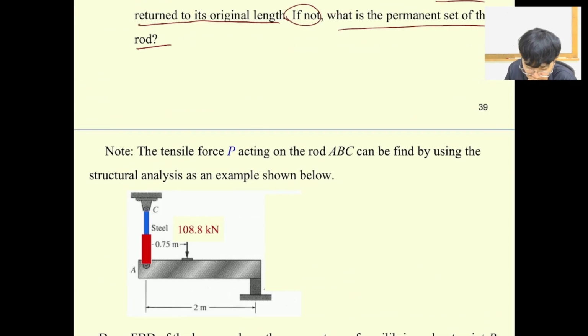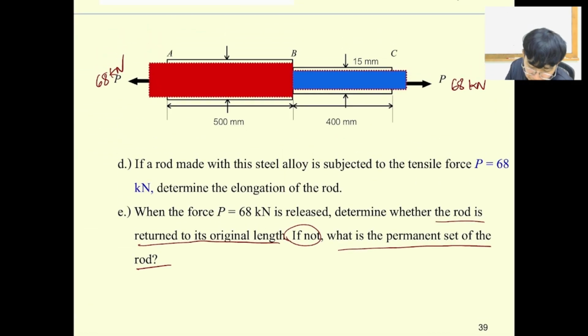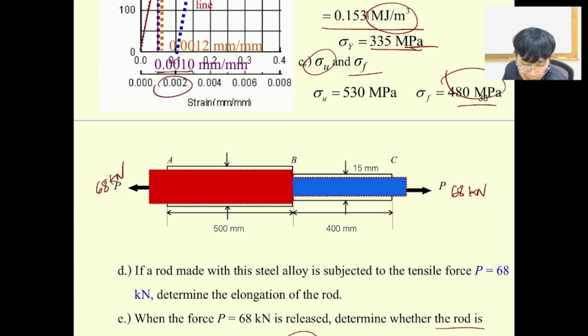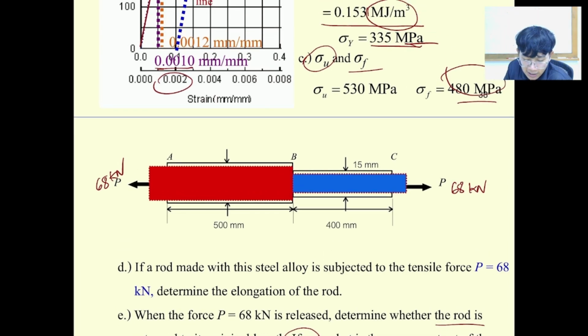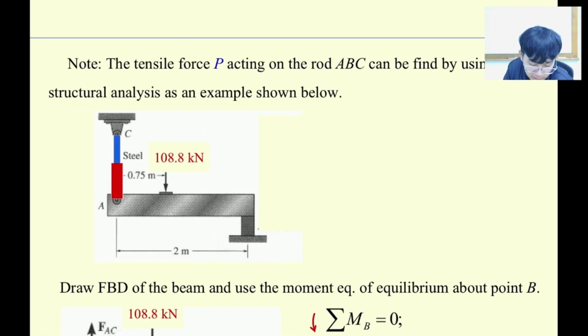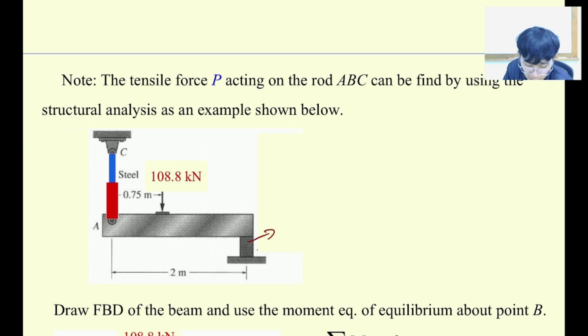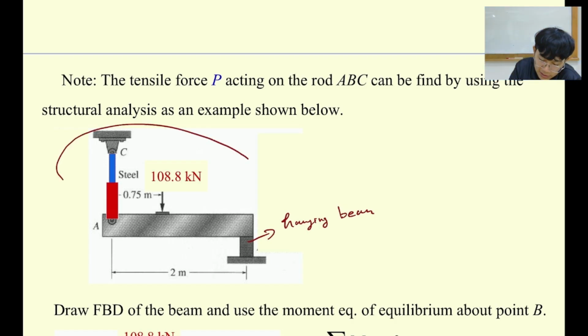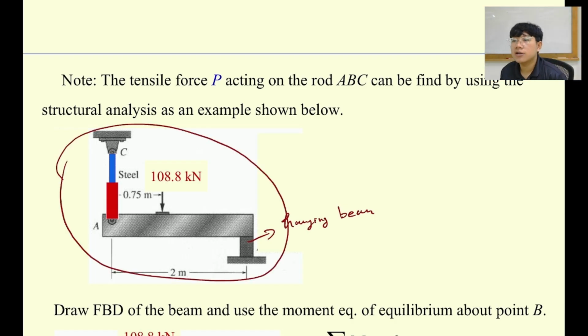Okay. So basically, some people ask, like, why is it always this rod? Okay. So because we simulate from a real engineering problem. For example, if this one is a hanging beam, if we provide you this big image, it's really hard to compute the force over here.